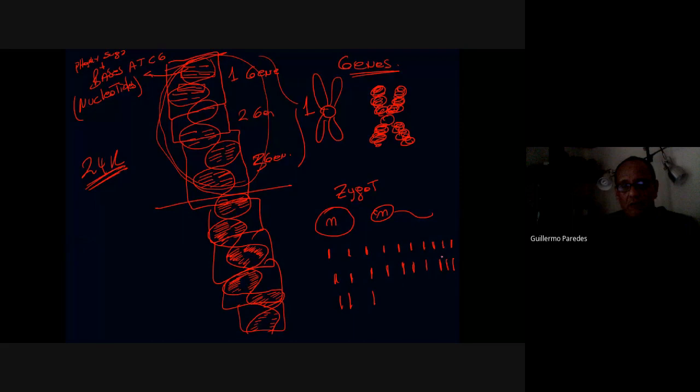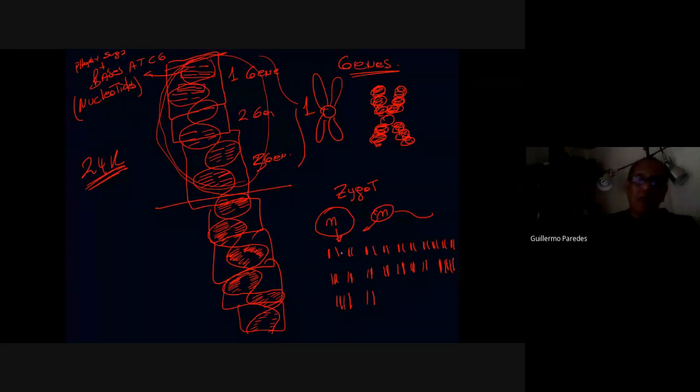So we have 23 chromosomes coming from the ovum. And another 23 chromosomes are coming from the father, as pairs, 1 up to 23.